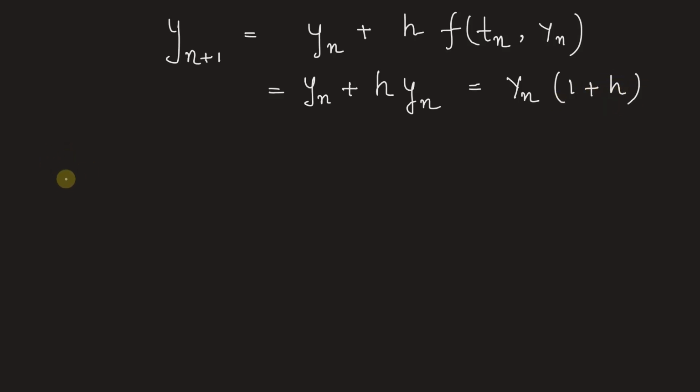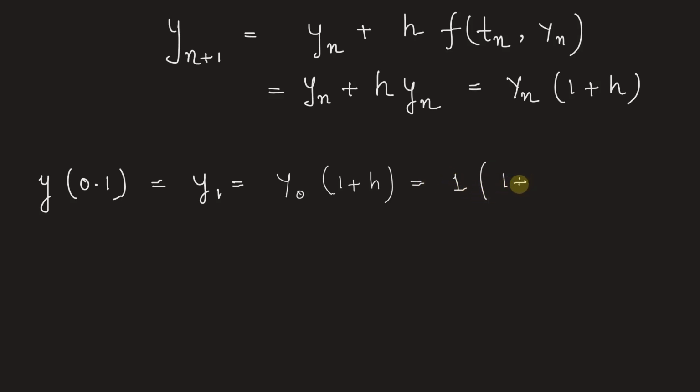Now let's calculate the first term. So y of 0.1 will be equal to y1, so this will be equal to y naught into 1 plus h. Okay, so y naught is 1 and h is 0.1, so this y1 will become 1.1.